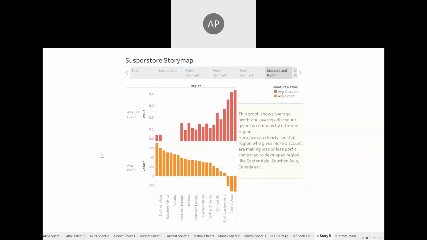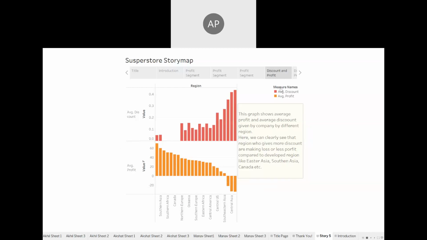Here you can clearly see that if the discount rate is high, then those regions are making losses, and if the discount is less or almost zero, then those regions are making a good amount of profit. There are a few regions like East Asia, Southern Asia, Central Africa, and Canada, North America, that are making good profit and are giving almost no discount.